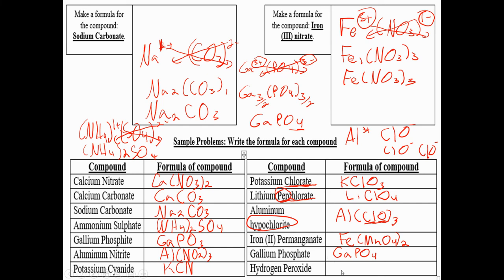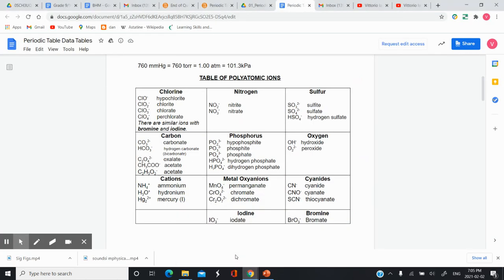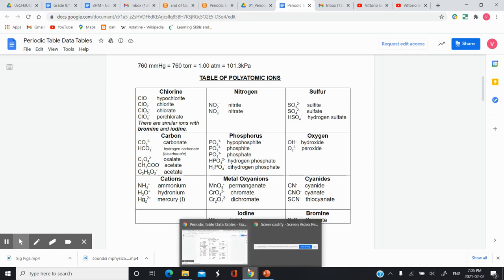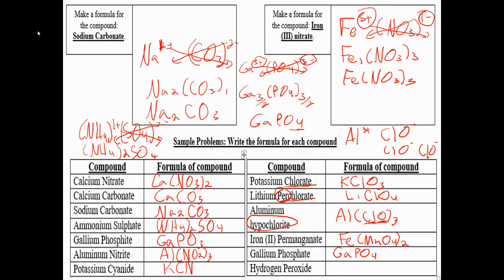And then lastly, hydrogen peroxide. If we look over here, peroxide is O2 with a 2 minus there. We'll teach you how to do peroxides later on in more detail.